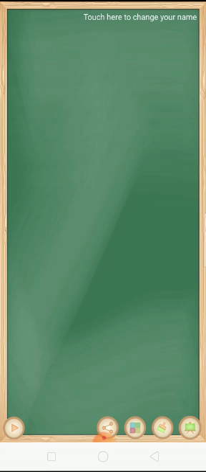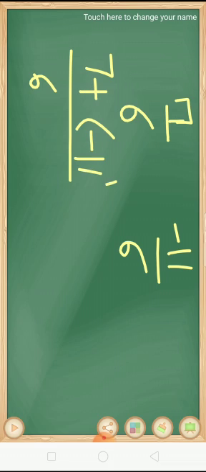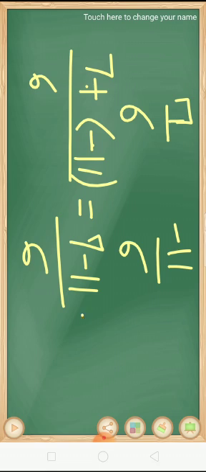Let us take one more example. 7 upon 6 and minus 11 upon 6. Again the denominator is the same, we have to add the terms present in the numerator. 7 plus the second term, minus 11, plus minus is minus, so 7 minus 11 upon 6.